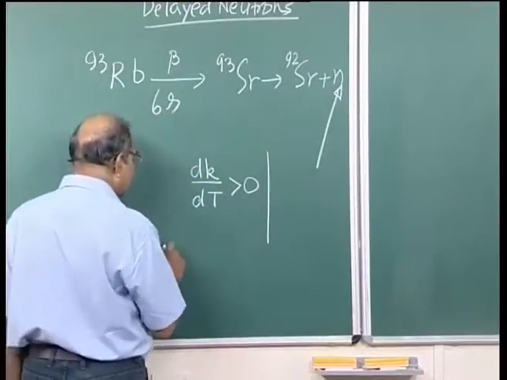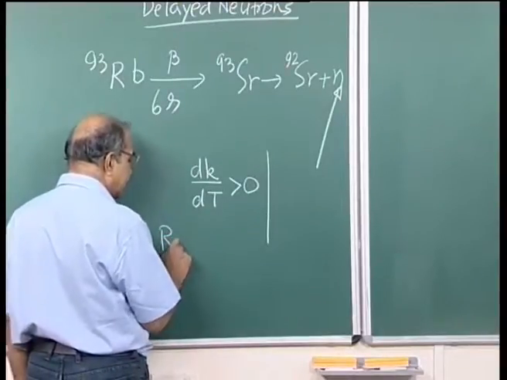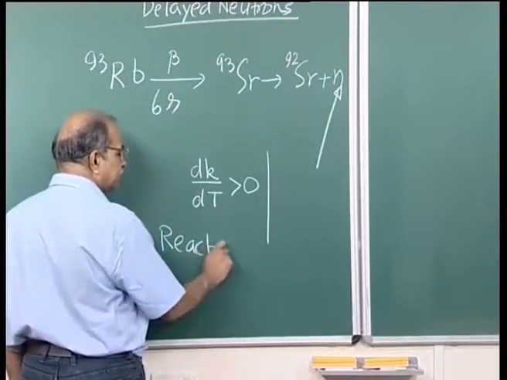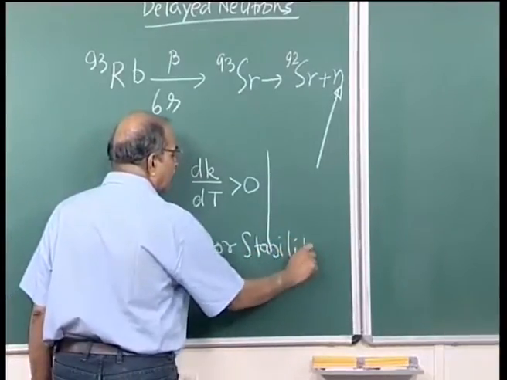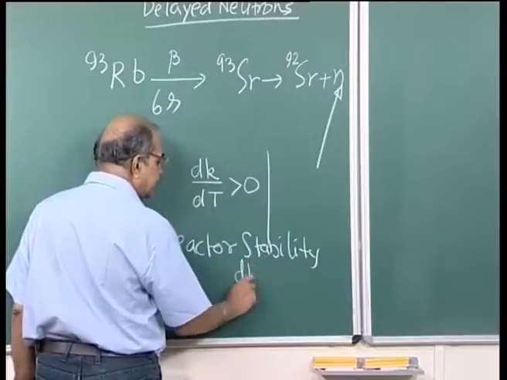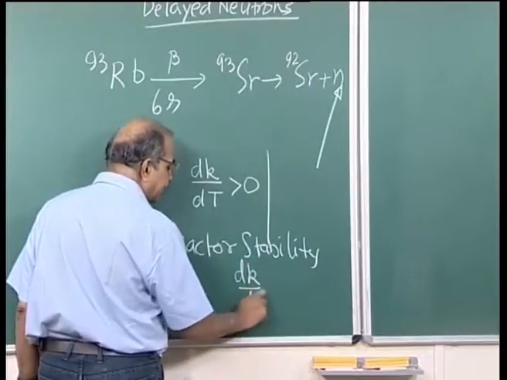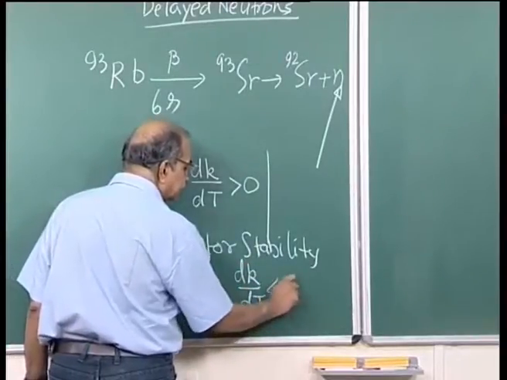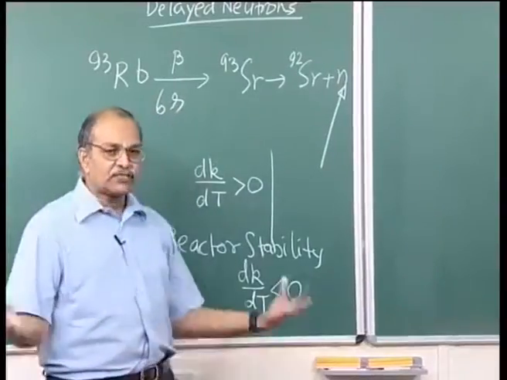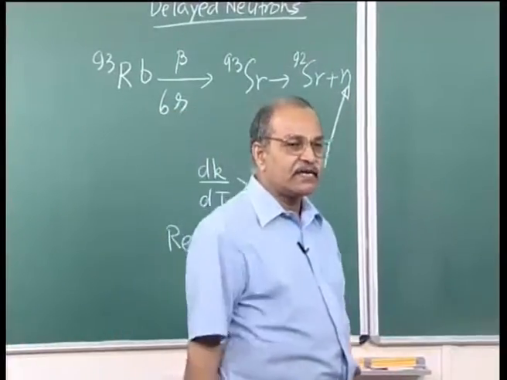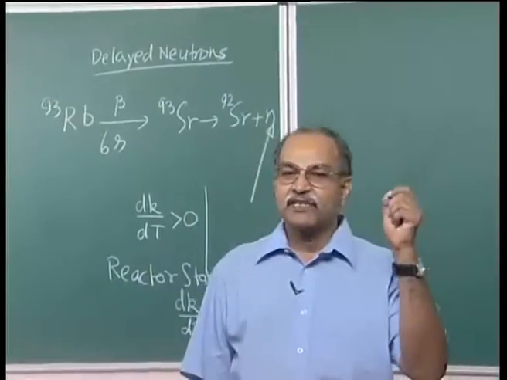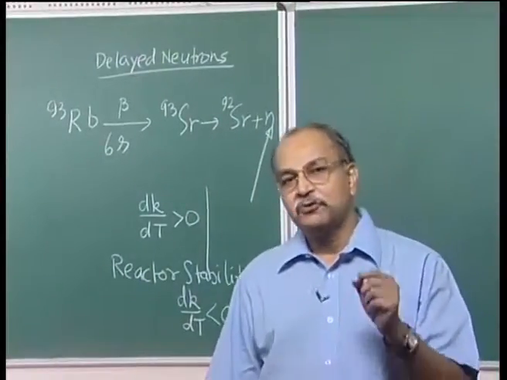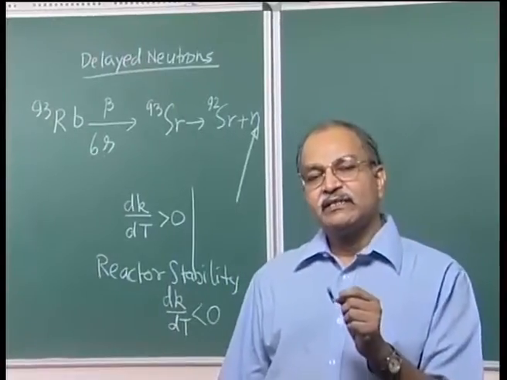So, for reactor stability, what do we say? For reactor stability, this dk/dT should be negative. The choice of materials and the choice of design should be such that k as a function of temperature gives you dk/dT negative.